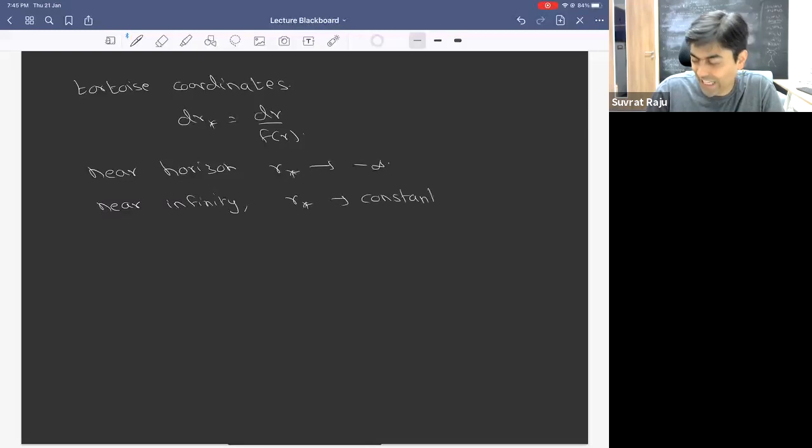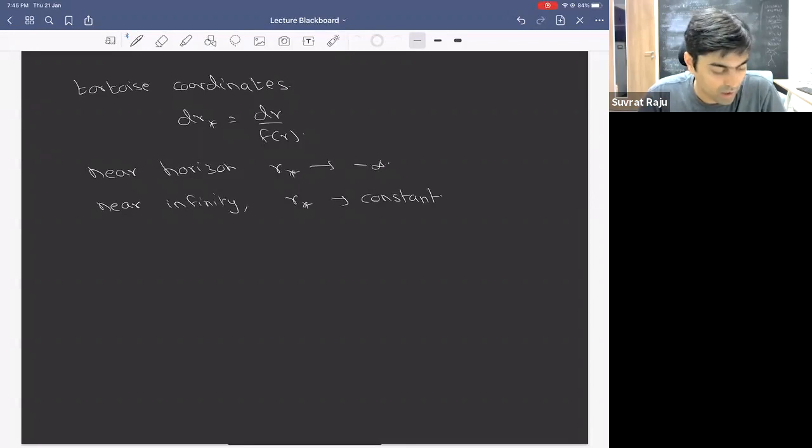The reason is that f of r doesn't go to 1 as r tends to infinity, but goes to 1 over 1 plus r squared, and that has a finite integral, and so r star goes to a constant. The precise constant is something you can fix. You can set the origin of r star. It might be convenient to choose that constant to be 0, or it might be convenient to choose it to be something else. But the point is that r star doesn't go to infinity. Near the boundary, it goes to a constant.